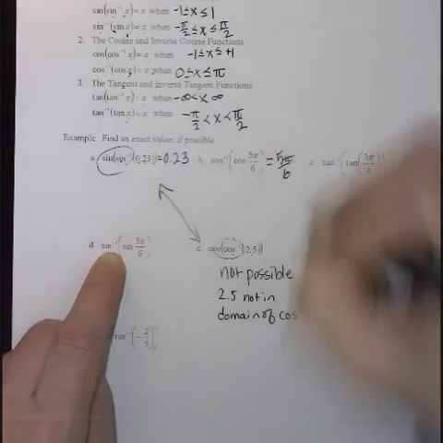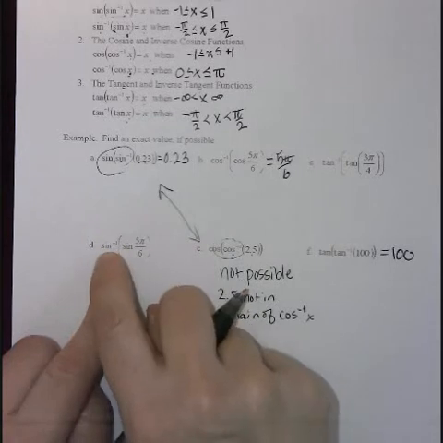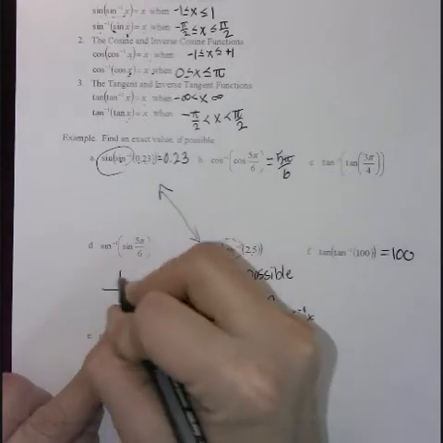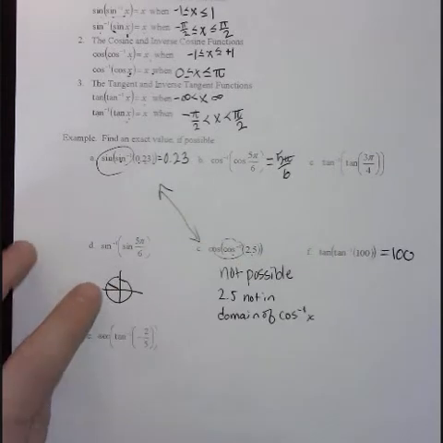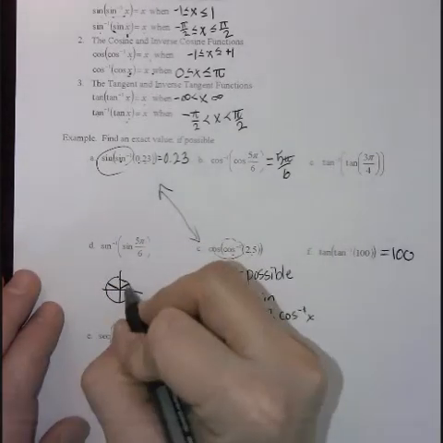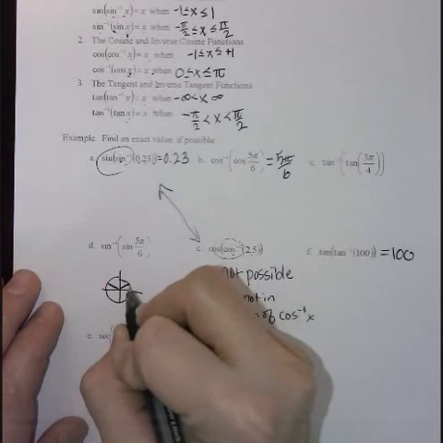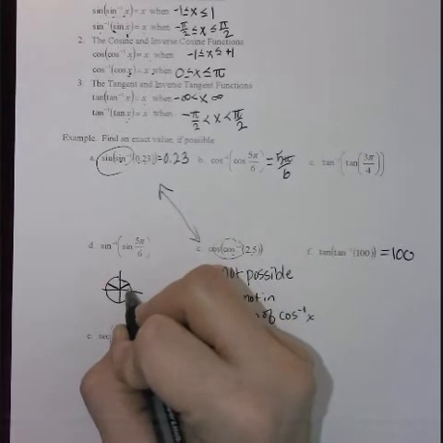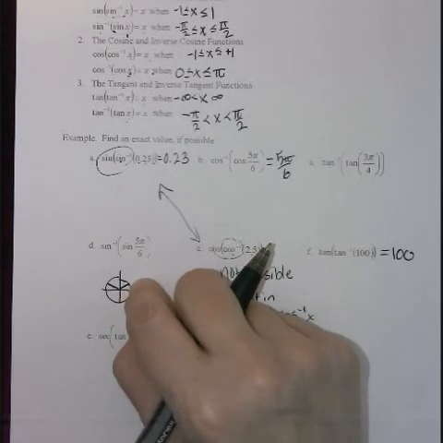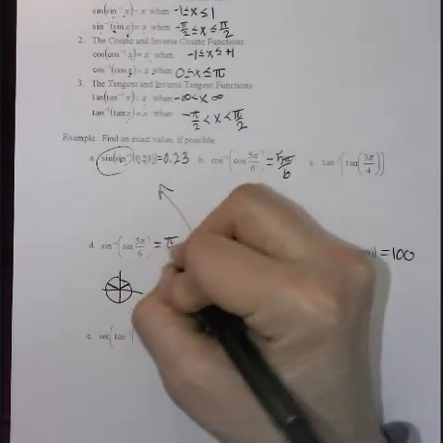However, sine inverse has to come from negative pi over 2 to pi over 2. So if we were at 5 pi over 6, that's over here, where sine is positive, so we take the corresponding angle in quadrant 1 because sine is also positive over here, and that would be pi over 6.